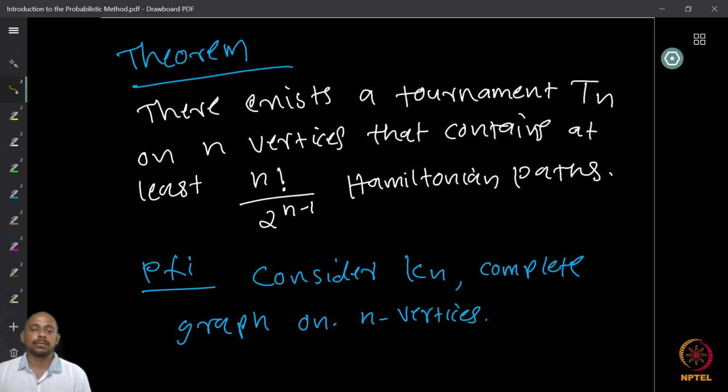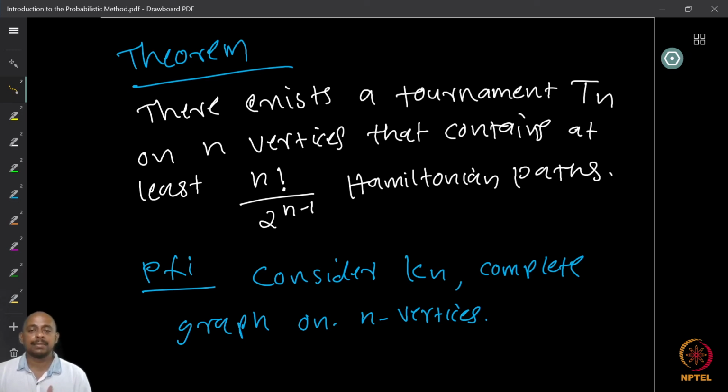Now how do you prove this? Okay. So to prove this, let us see how we design a random experiment. We want to use the probabilistic method, so we have to design a random experiment. What we know is that we are talking about tournaments. A tournament is basically an orientation of an undirected complete graph.